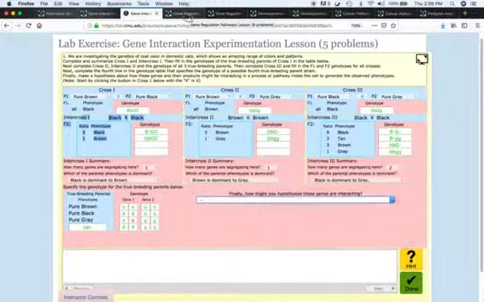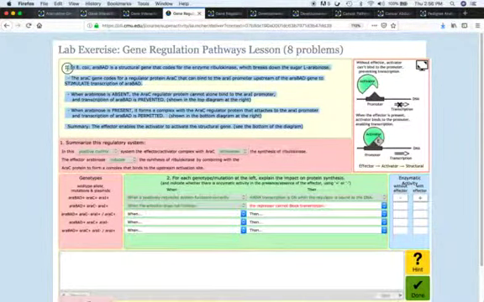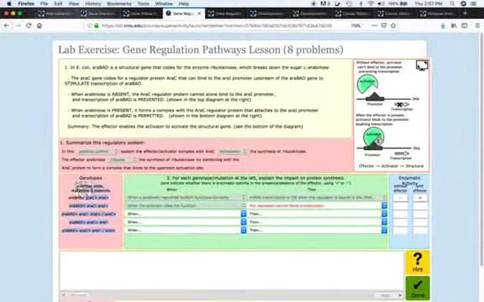So in the second topic, gene regulation, students read a problem statement describing how a particular gene is regulated, how it's turned on or off. They summarize this system first, and then they look at the underlying parameters.